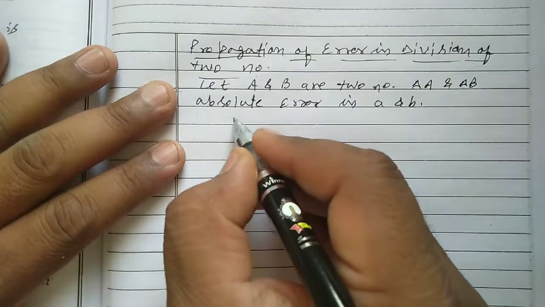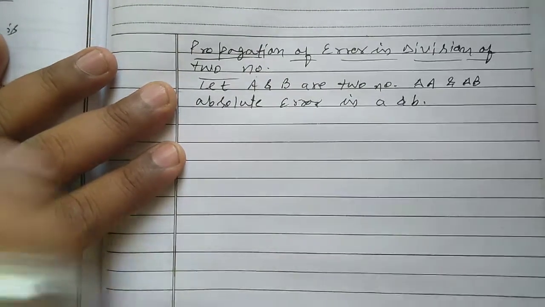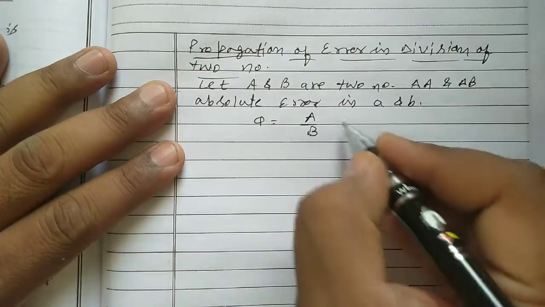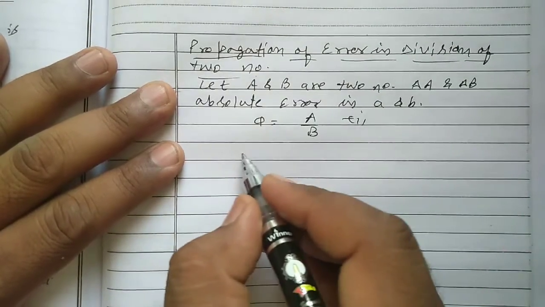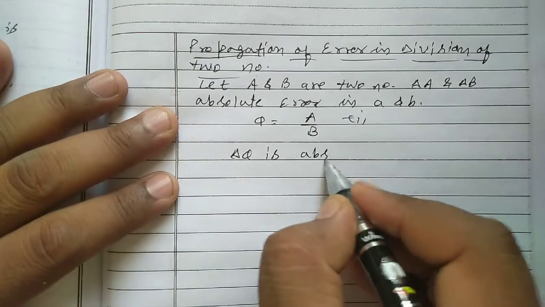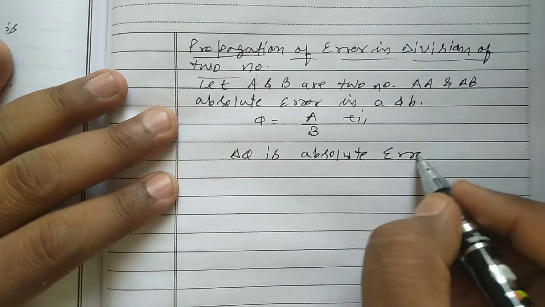Let q be the quotient, equal to a upon b, equation number first. Delta q is the absolute error in q.